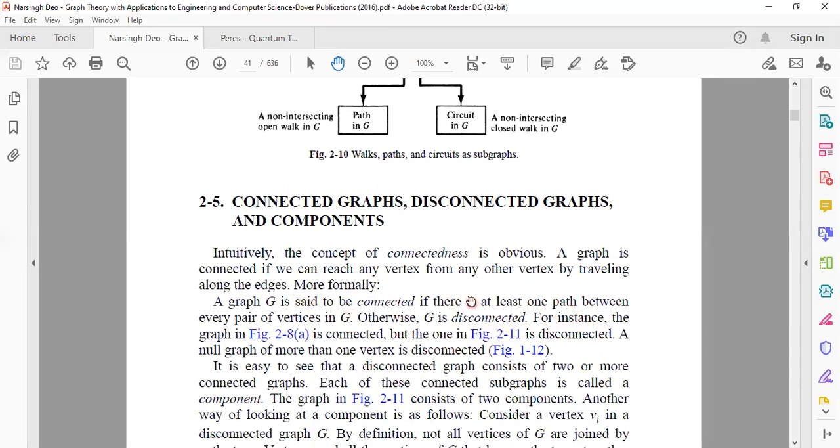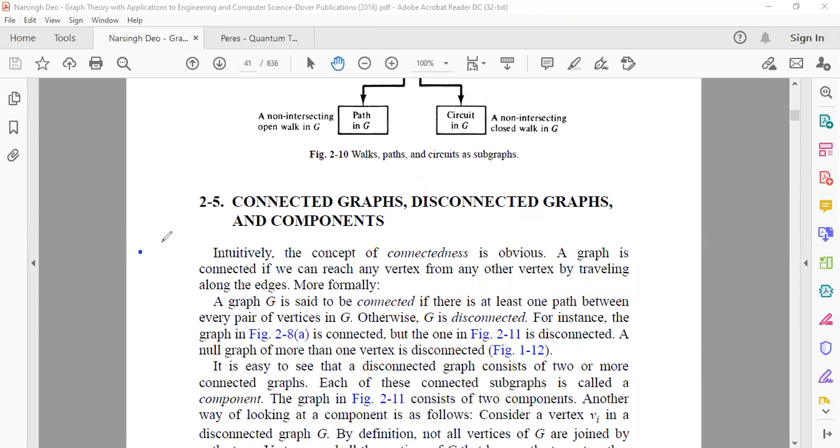It is quite obvious that if you have a pair of vertices in a graph between which you cannot find any edge, then this graph will be called a disconnected graph. Let me show this by a figure.